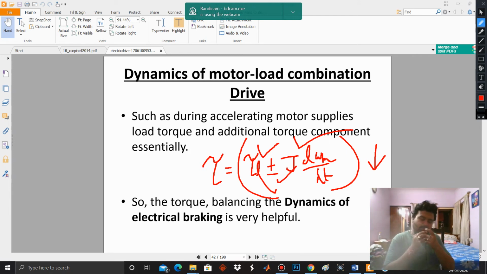So during acceleration, the power that is drawn from the supply is greater, whereas the power drawn from the supply during retardation is lesser. So deceleration means negative acceleration, and it is also called electrical braking.